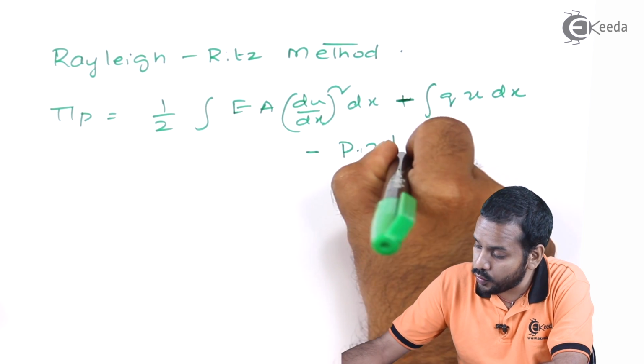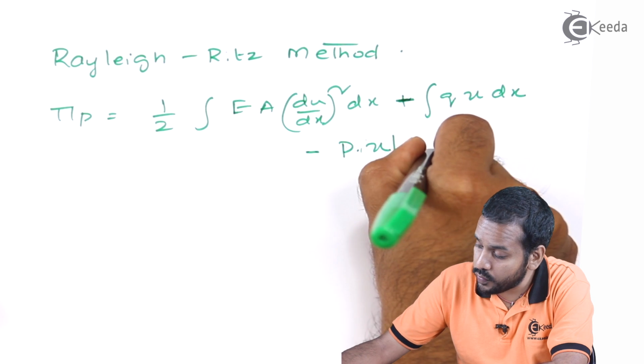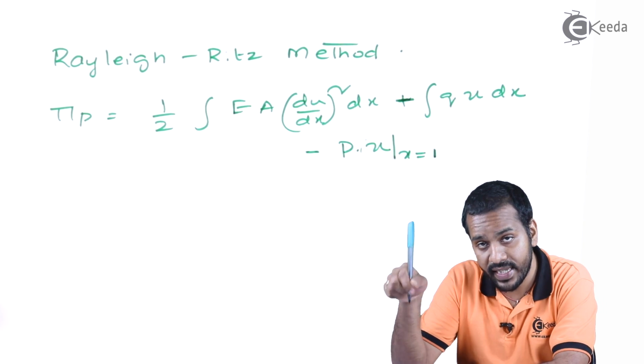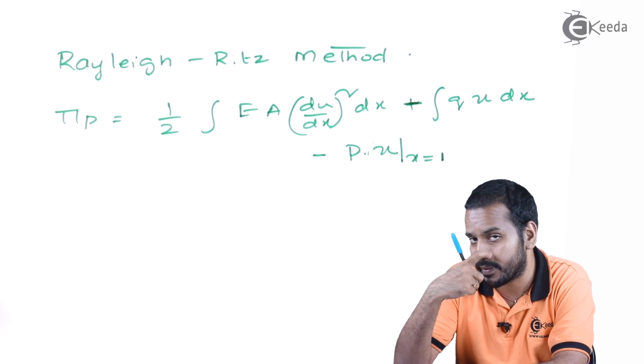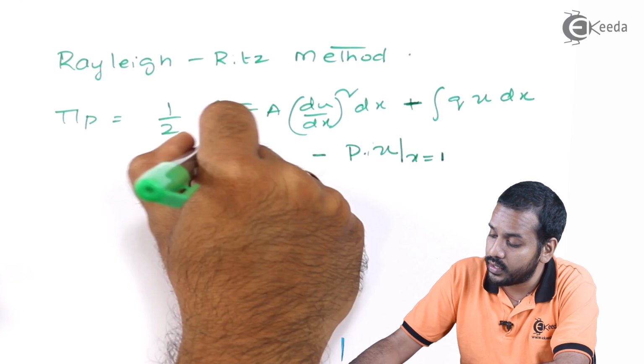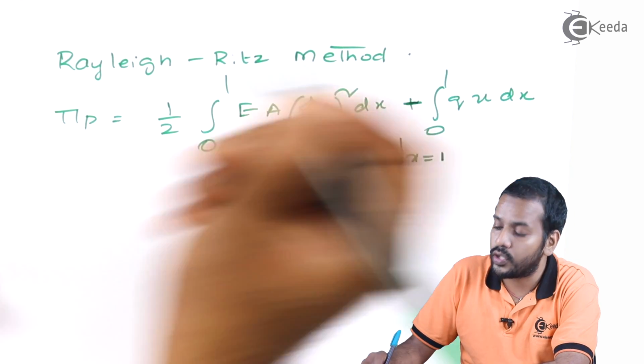So what is this u? U at x is equal to 1. Your point load is at the end point, or is the right end. That is u at x is equal to 1. So this is our potential. And what are the limits here? 0 to 1, 0 to 1.